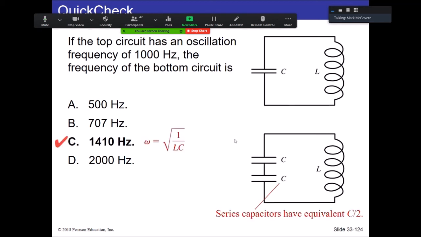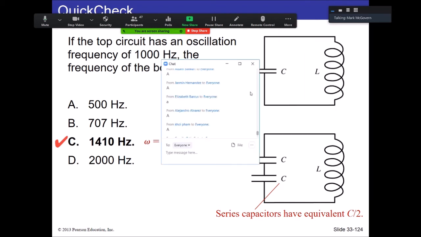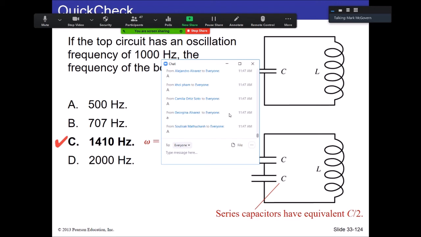It is C. Because with series capacitors, additive inverses, the equivalent capacitance is C over 2. And then if the C goes down, omega has to go up by a factor of radical 2. That makes sense.